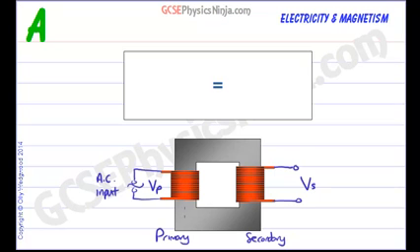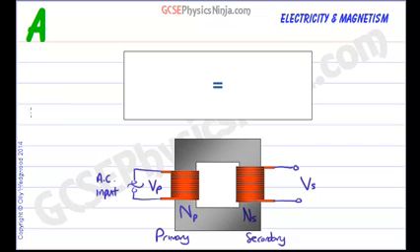The number of turns on the primary we're going to call Np, number of turns on that primary coil. The number of turns on the secondary coil, we'll call that Ns. So we've got Vp, Np, and we've got Vs and Ns.